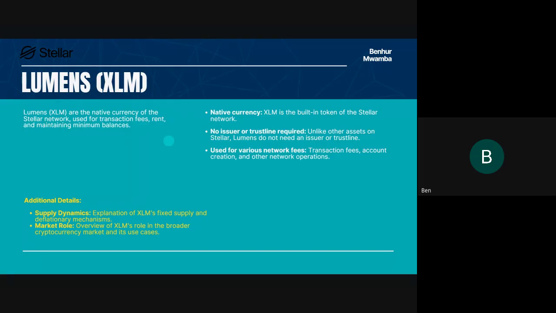So that's one of the key differences with how smart contracts work.